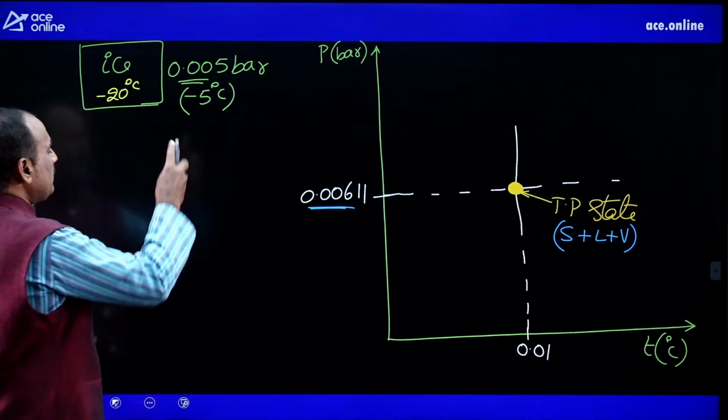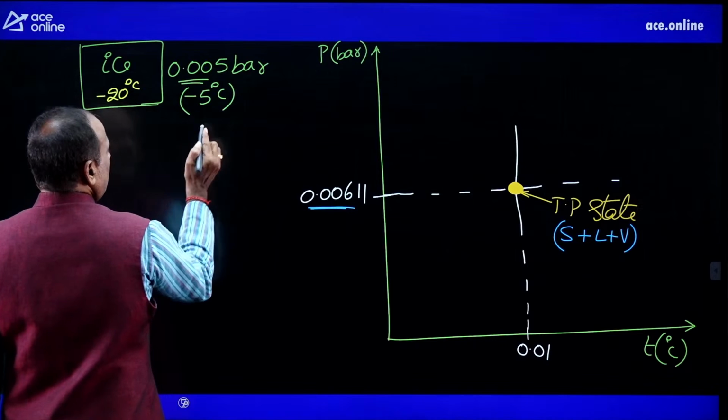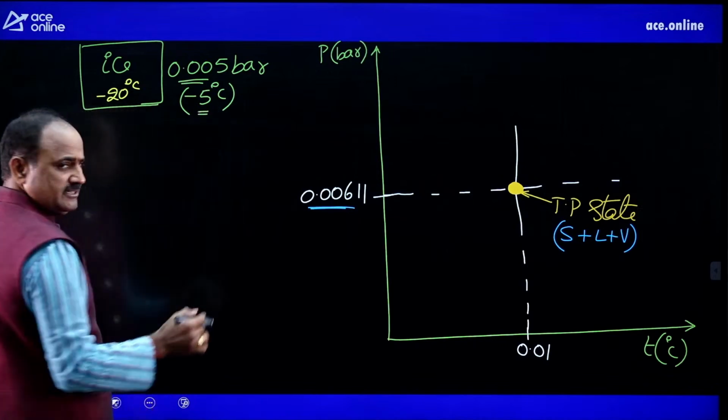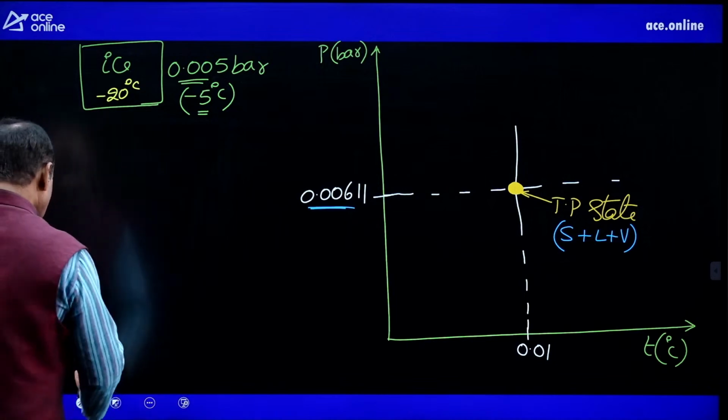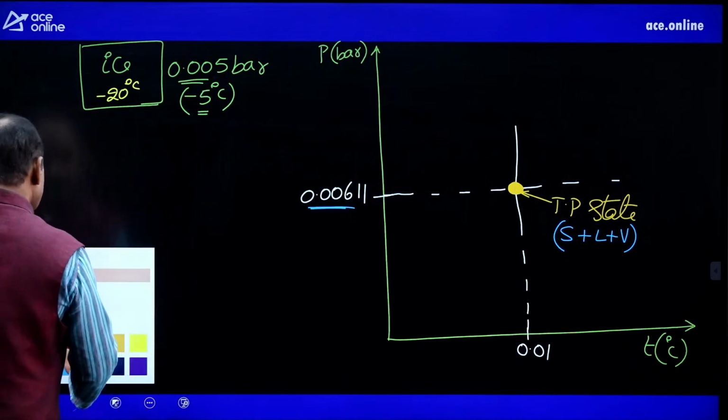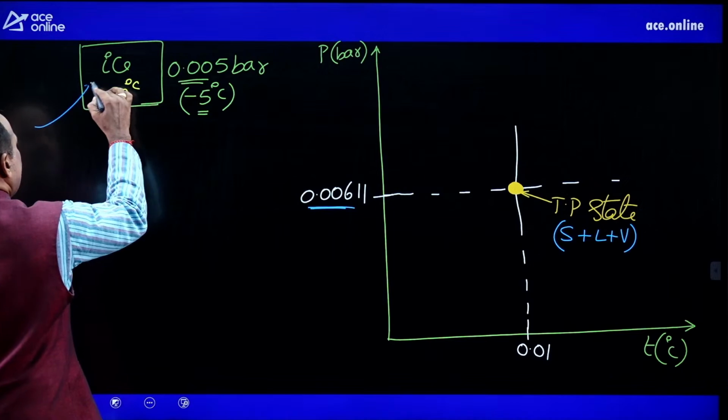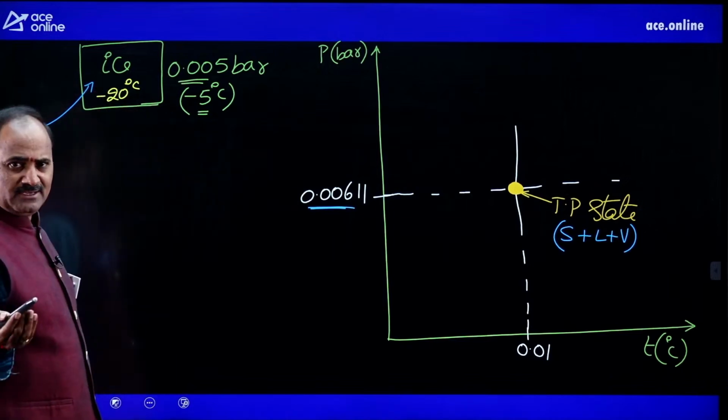So corresponding to 0.005 bar, I am assuming this is the saturation temperature, but ice is available at minus 20 degrees centigrade. Then if I start to heat the ice, immediately ice is not going for sublimation.